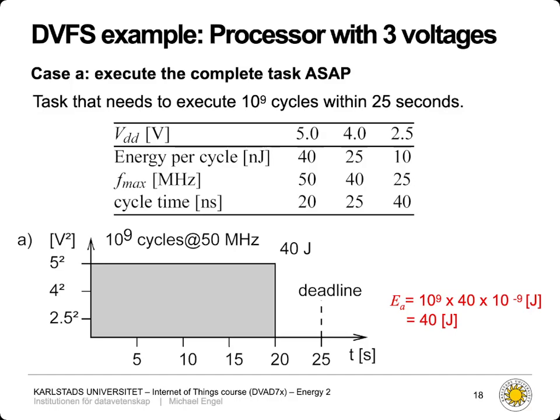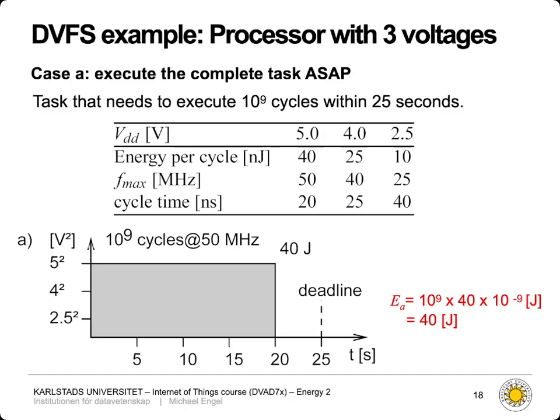We see that if we reduce the supply voltage VDD, then the energy per cycle is also reduced. The maximum frequency obviously needs to be reduced linearly, and the cycle time goes up linearly. But the energy, that's the important thing: if we reduce the supply voltage by half, it is actually just 25% of the original energy per processor cycle.